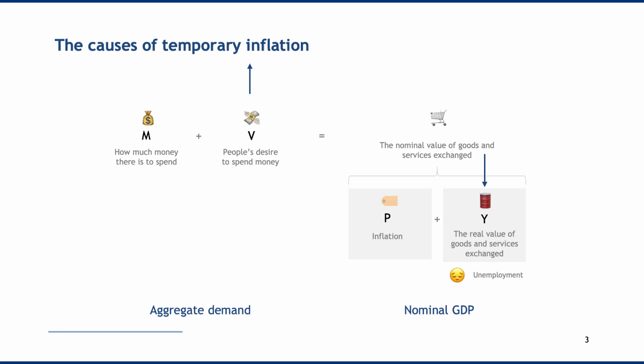So if there is some kind of a contraction in our economic capacity and there's a reduction in real growth, or if there's an increase in people's desire to spend money, just by looking at our equation, we can see that either of those two factors is going to cause an increase in inflation. If M plus V equals P plus Y, a rise in V or a fall in Y is going to have an upward pressure on inflation.